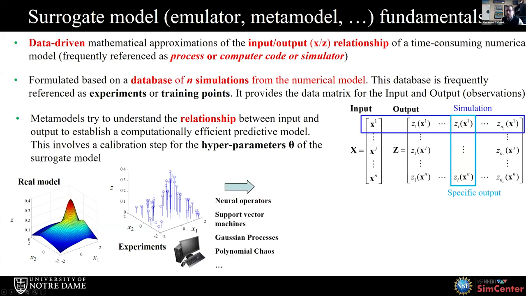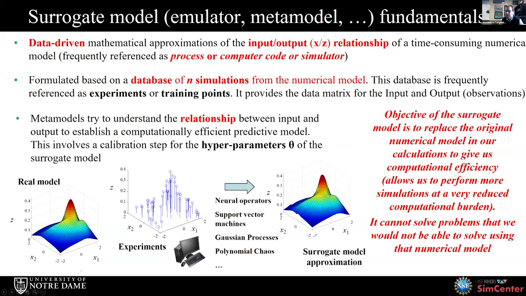That surrogate model includes some hyperparameters, which is the calibration of the surrogate model. You can select any of the many surrogate models that exist, and ultimately you get the surrogate model approximation of the real surface. Your ultimate objective is for the surrogate model to replace the original numerical model, so that you can do your calculations much faster.